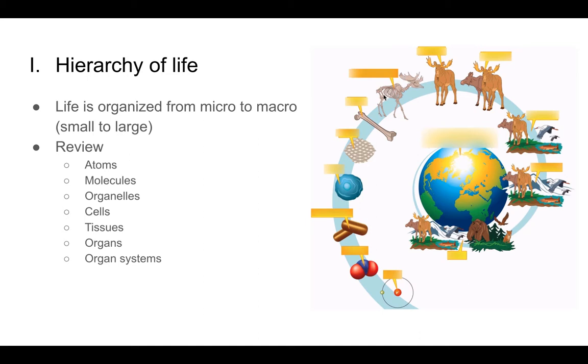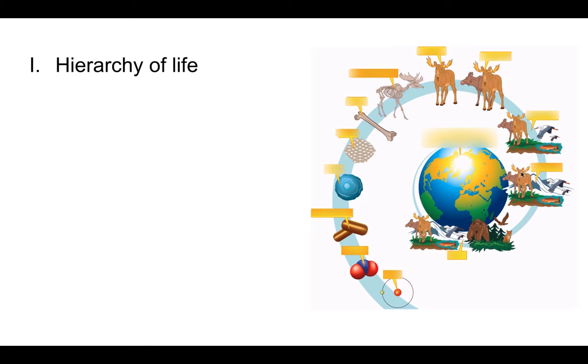So all of those are small things that we have learned about and that build one on top of the next, on top of the next. This last unit picks up here with an individual and works its way around a couple of these levels as we go throughout the unit.